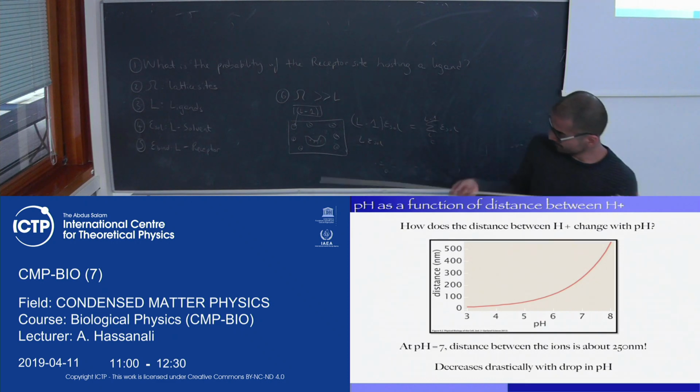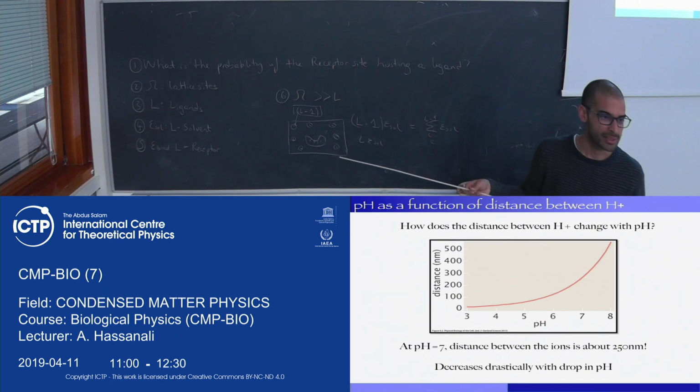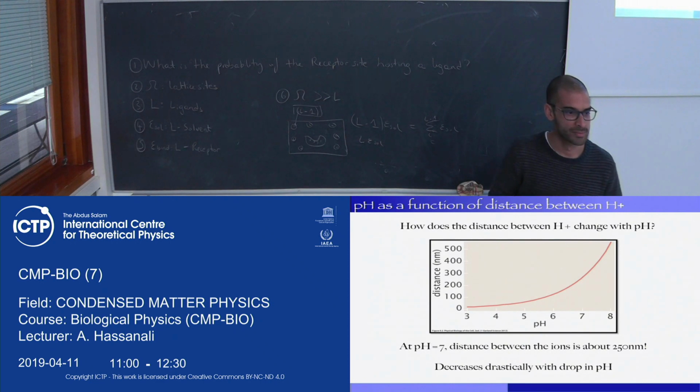Because, you see, you could have asked me, in some variation of this model, one of the ligands could be a charge. It could be a proton. So the question of pH, remember we discussed pH is a relevant variable that can change the stability of a protein.